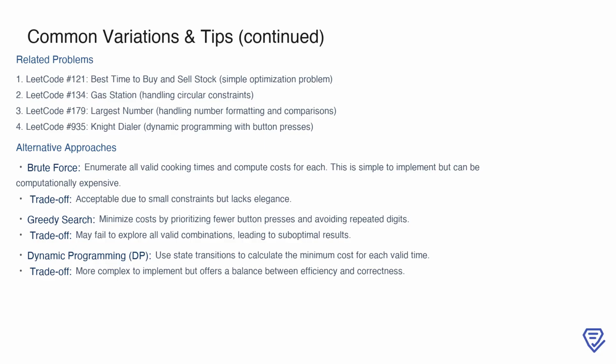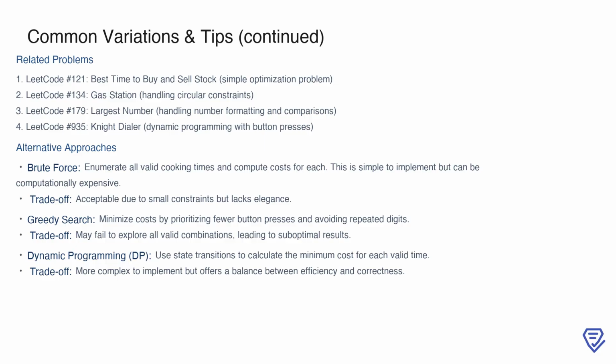LeetCode number 179, largest number, deals with number formatting and comparisons, a skill that is directly applicable when working with button presses and time conversions. Finally, LeetCode number 935, night dialer, involves dynamic programming with button presses, making it particularly relevant if you're exploring a DP-based solution here.